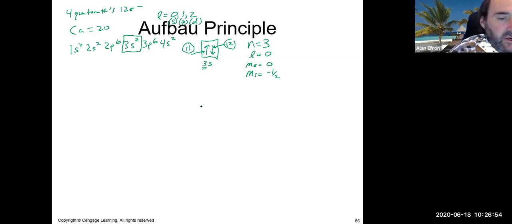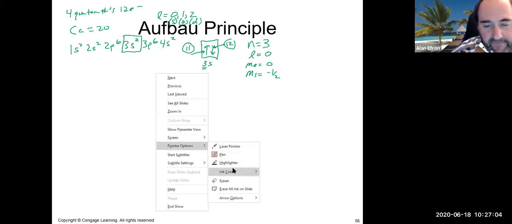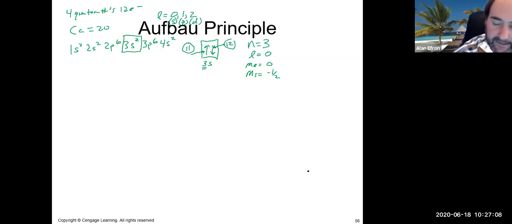Okay. So another aspect of it, if we look at this configuration and we look at perhaps a configuration that came a little bit before it. So if we look at, let's say, argon's configuration, which is 18.